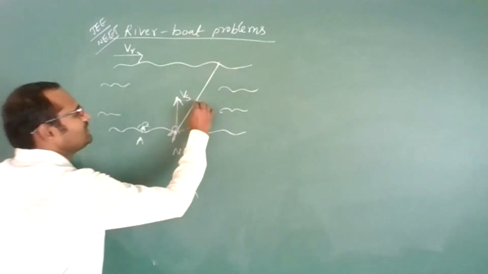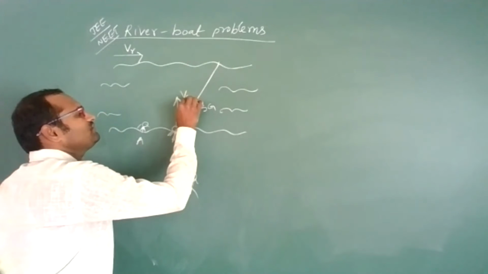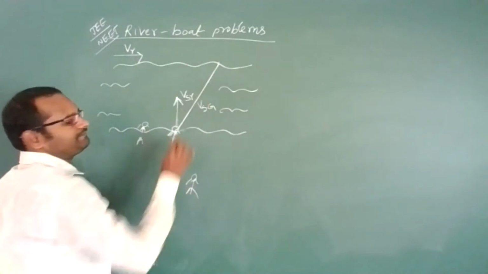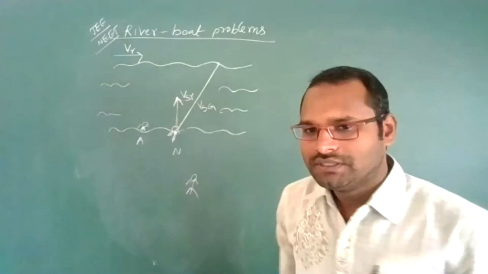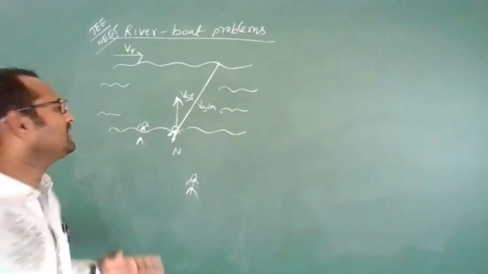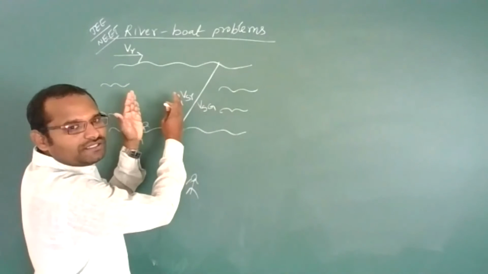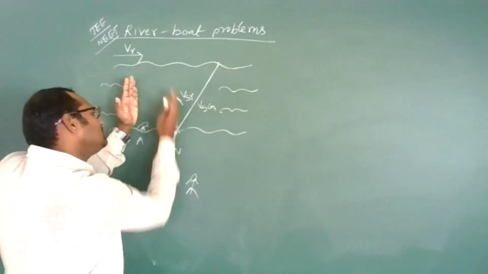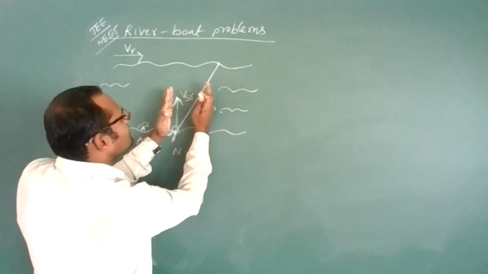That is nothing but velocity of swimmer with respect to ground. This is velocity of swimmer with respect to river. Are you understanding, students, what I am saying? You and your friend both are swimming in a flowing river. For you, this person appears to be moving straight, because both are moving like this.